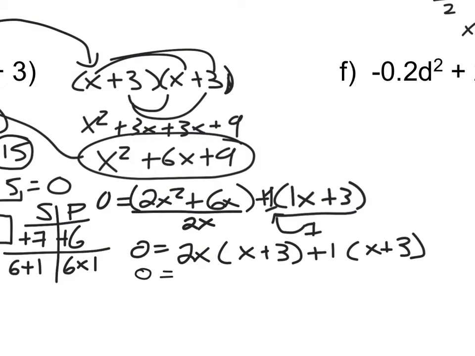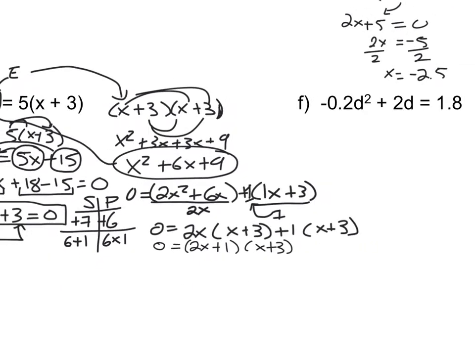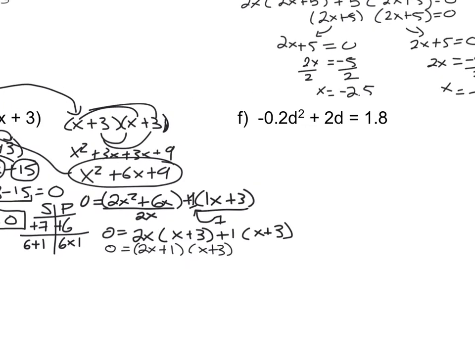Then we can finish it off by grouping 2x plus 1, x plus 3, and then finally solving. So now we'll need to separate 2x plus 1 equals 0, x plus 3 equals 0.